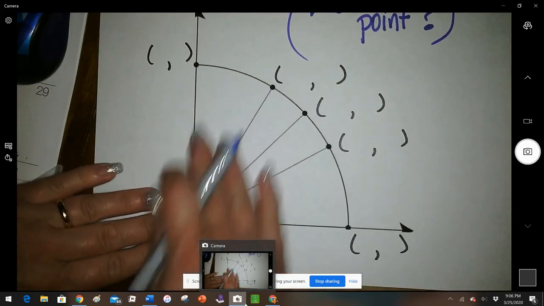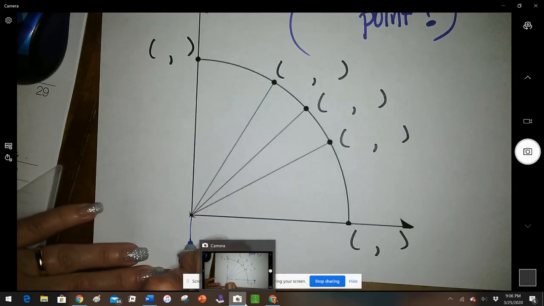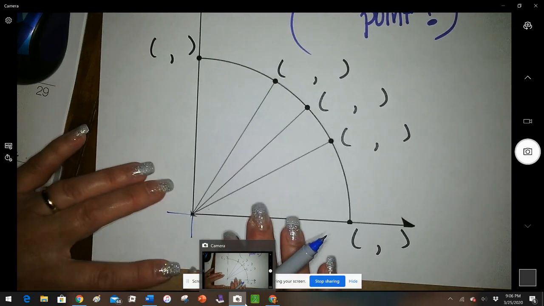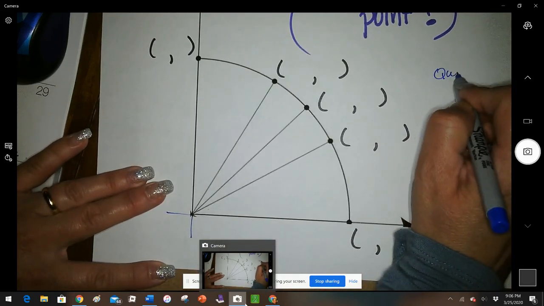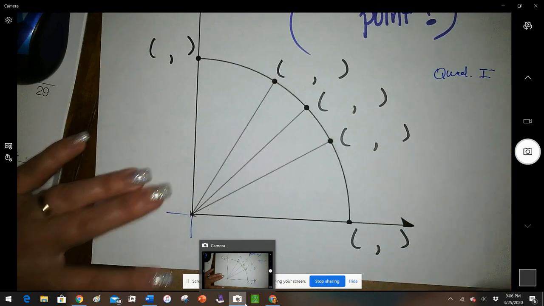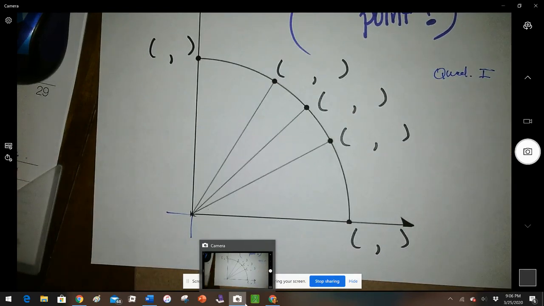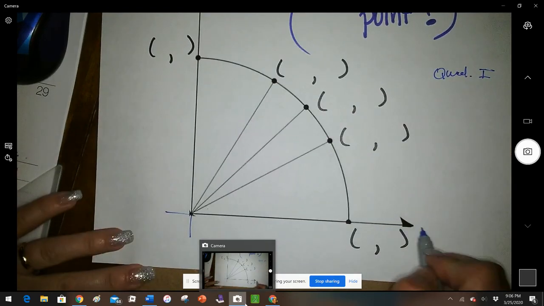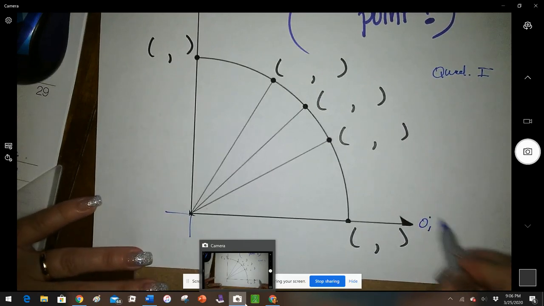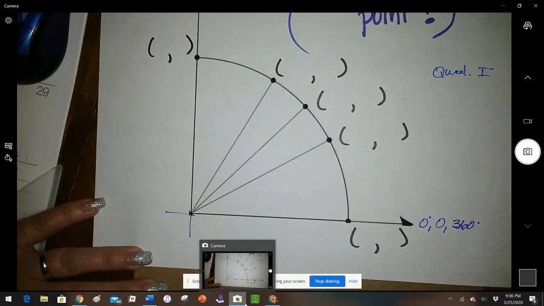Okay, so here we are. This is just the first quadrant, quadrant number 1. And the first thing that we're going to do is figure out the coordinate points for all of these. This is 0 degrees. It's also 0 radians. It's also 360 degrees.